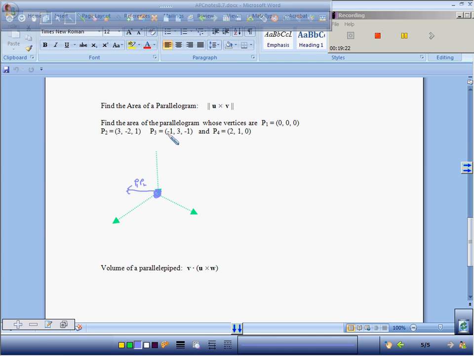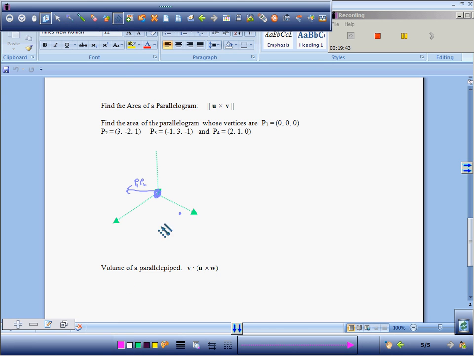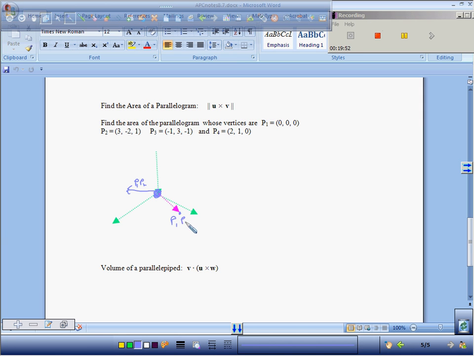And then this vector P3, if I want to do a vector originating at 0, it would be back 1, over 3, down 1. Okay? So that vector would go something like down here. So here's the vector P1, P3. And then you have another vector P1, P4.